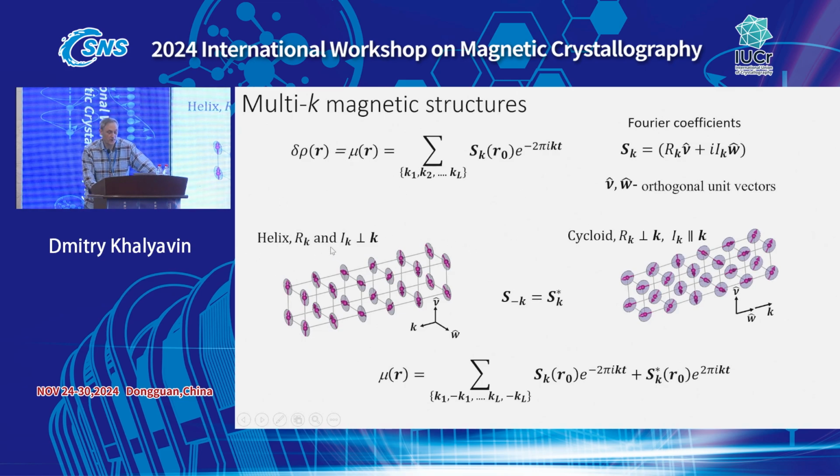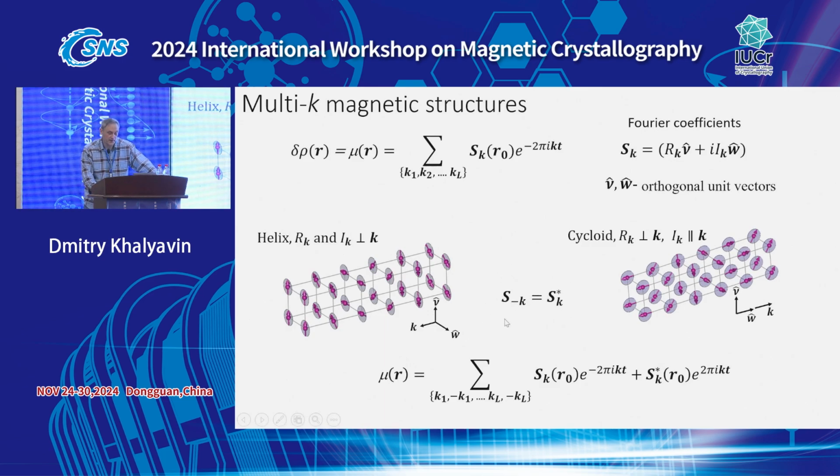Helical is when the real and imaginary components are both perpendicular to the propagation vector, and cycloidal is when one of them is along the propagation vector. In the case of a low symmetry magnetic structure, we can have an admixture of helical and cycloidal components. So what is essential?